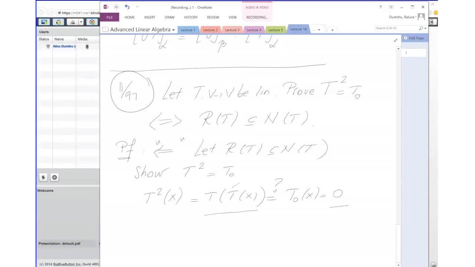Yeah, because this thing here, the inside one, is of course part of the range, which is part of the null space by assumption. So then when you apply T to something in the null space, you get a 0 vector, right? That's what defines the null space. So you're going to get 0.